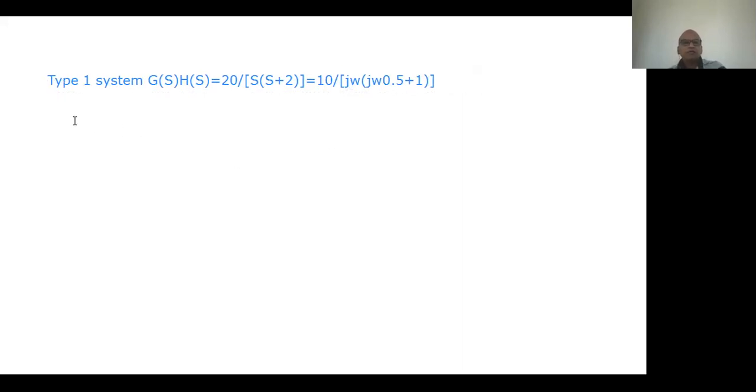If you consider the type 1 system, there are three frequency function factors.